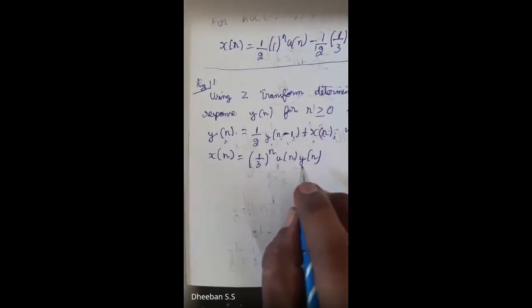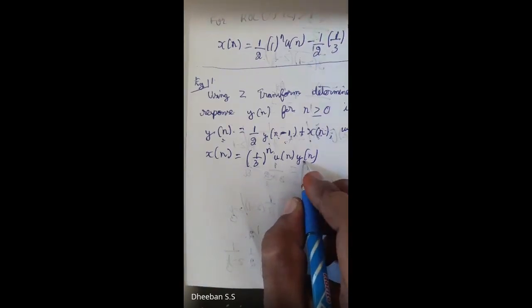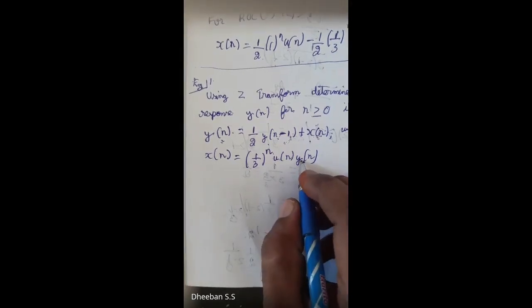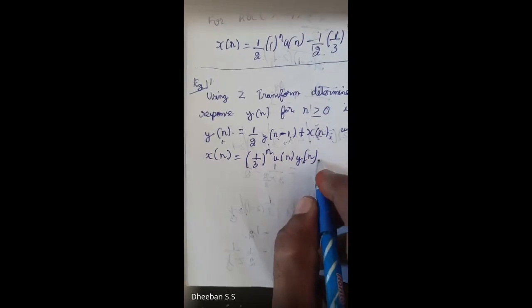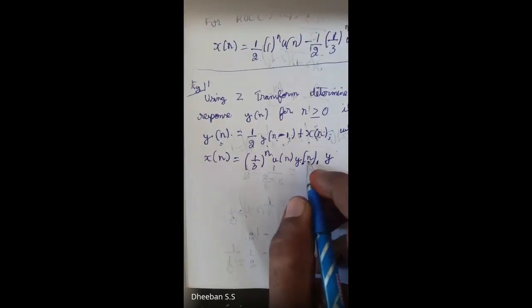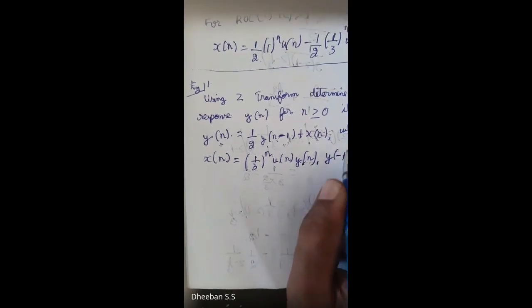Apart from this, they are again giving the present state of your output, some values for your y function. That is, y of minus 1 is equal to 1.